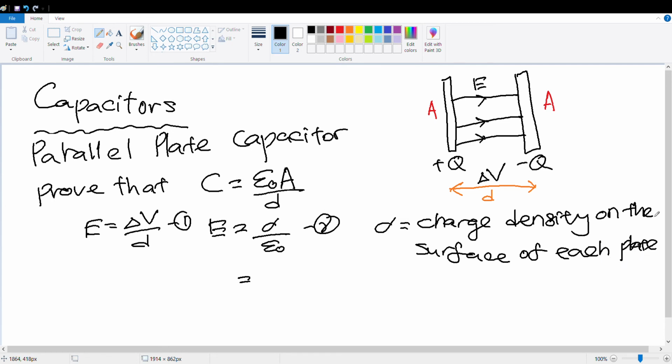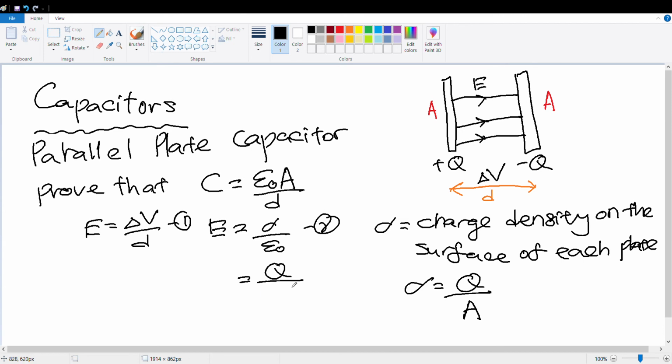Okay, so sigma, we know that sigma is equal to Q over the surface area.